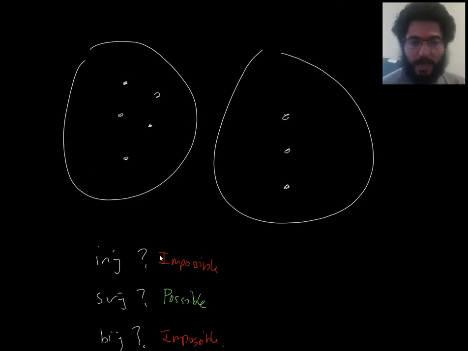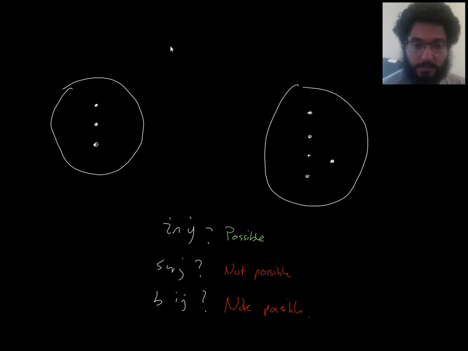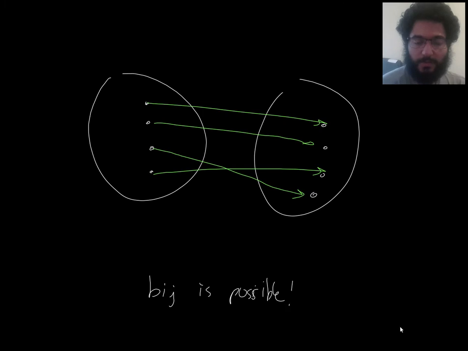And that can only happen if there's not more elements on the left side than on the right. And the existence of a bijection also means a surjection was possible. And a surjection can only be possible when there's not more elements on the right than there are on the left. So when a bijection is possible, it seems like you've got the same number of elements on the left and on the right.